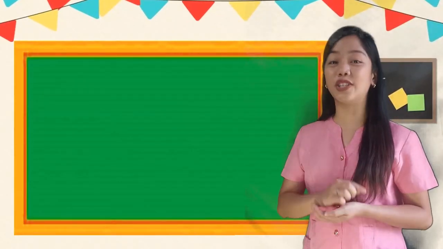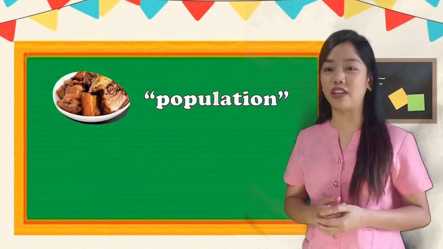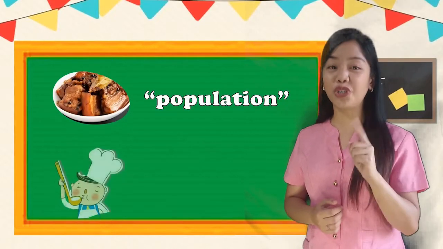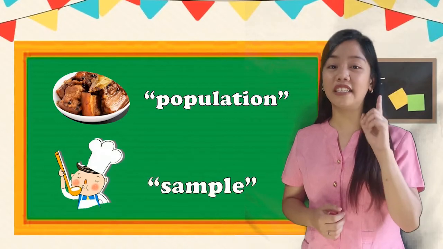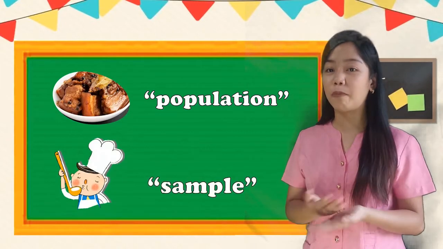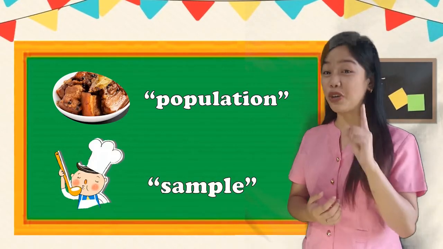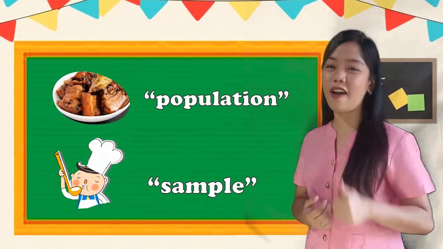Just like the scenario a while ago, the whole dish is the entire population, while the portion we taste is only the sample size from the entire population. Do you get it? Good job!